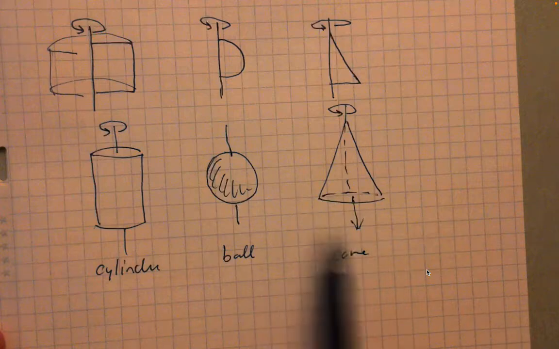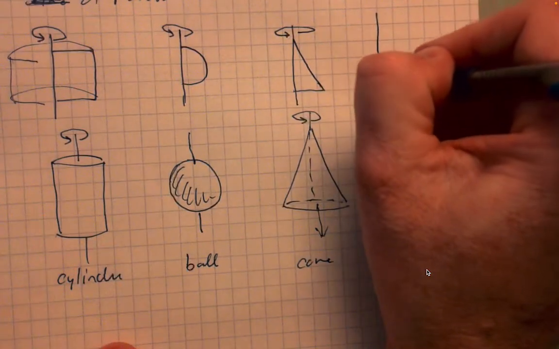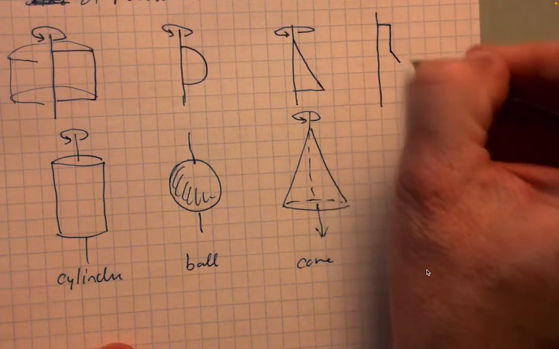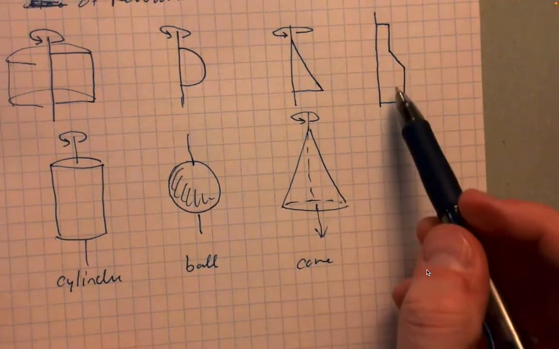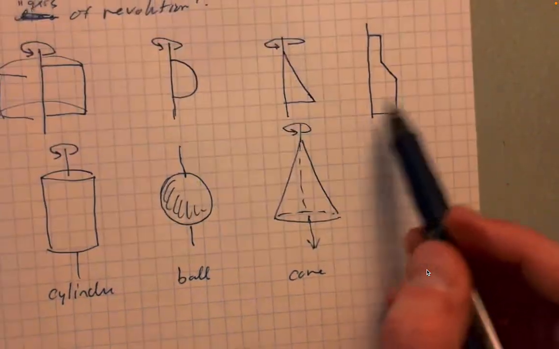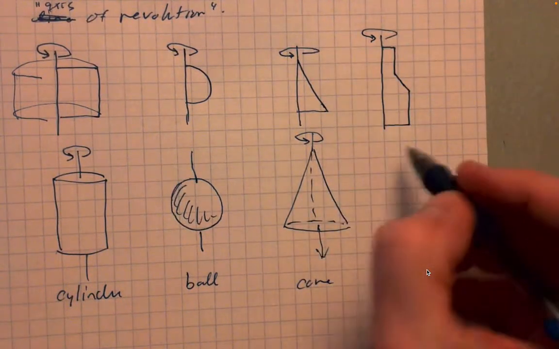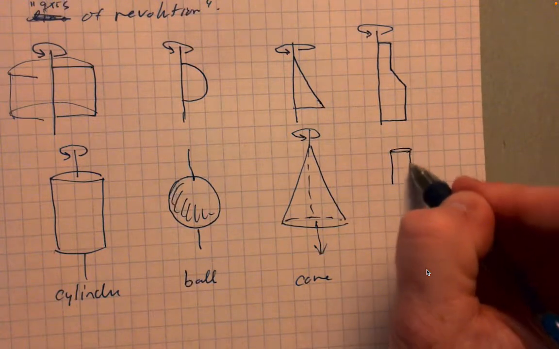Of course, these are just the basic shapes, but you could do something really complex. Maybe I start with something more complex. I go like this, and then like that, and then like that. This is not a rectangle or a triangle or a semicircle, it's something in between. But if I rotate that around this axis, then what I would expect to see is something that looks a bit like a bottle.